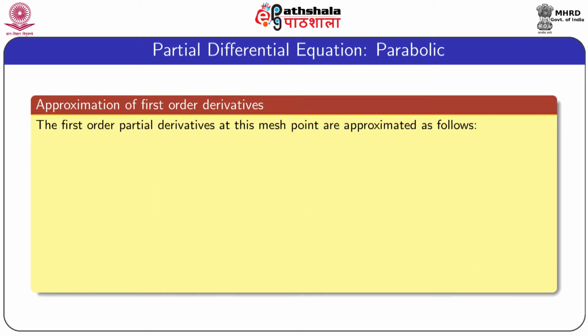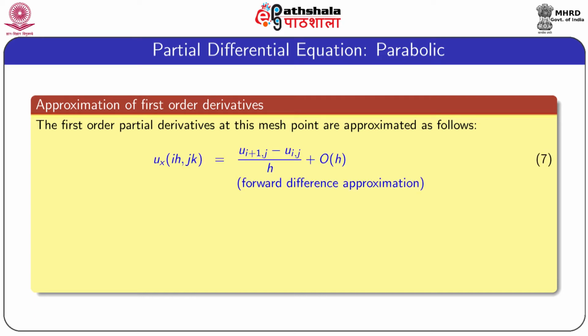The approximation of first order partial derivatives can be done in terms of central difference approximation or other difference approximations. The first order partial derivative with respect to x, that means del u del x, is approximated as ui plus 1 comma j minus ui comma j whole divided by h plus order of h. So this is the forward difference approximation.